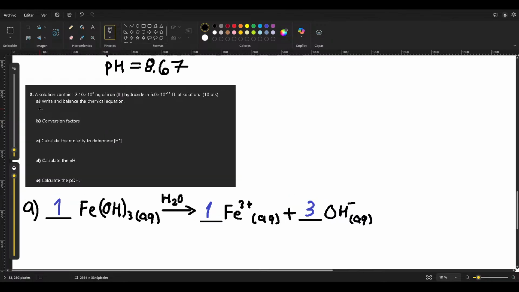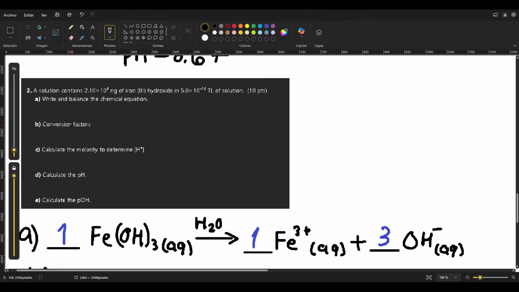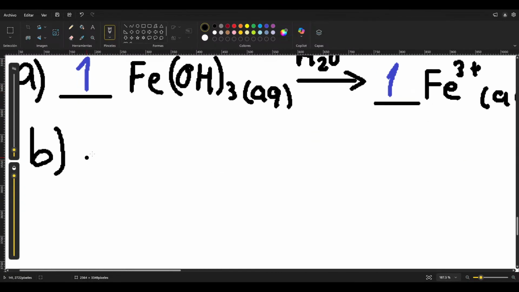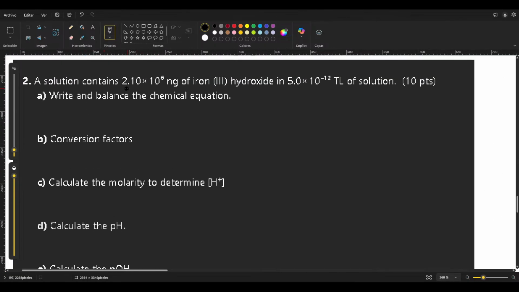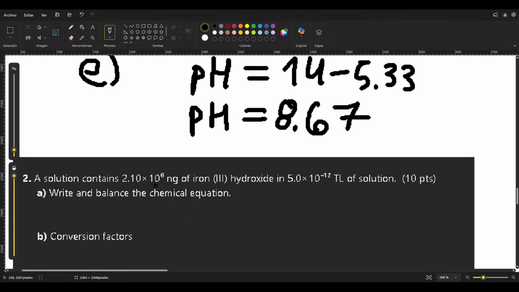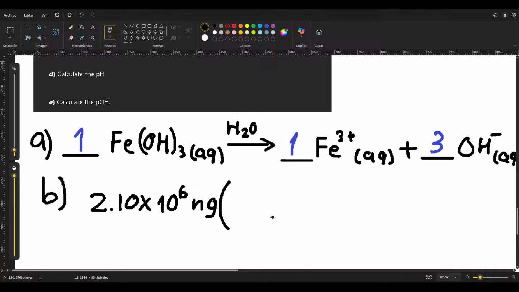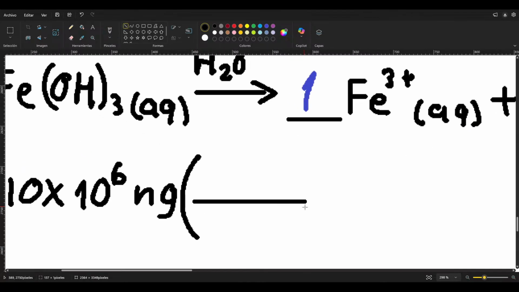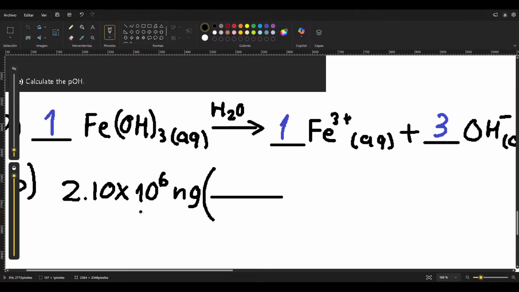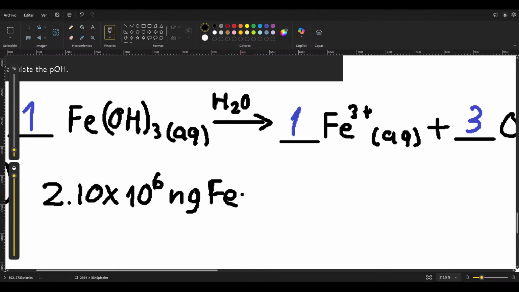Okay, so we have part A, now B, conversion factors. So basically the same thing over again. We're going to convert this into moles. Okay, so first, this is nanograms of this compound specifically.